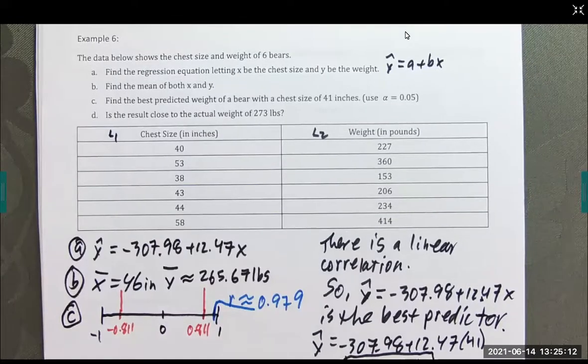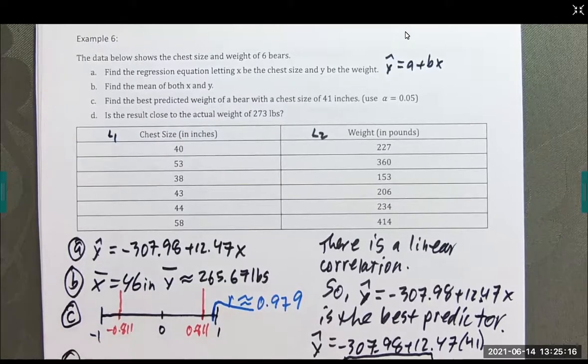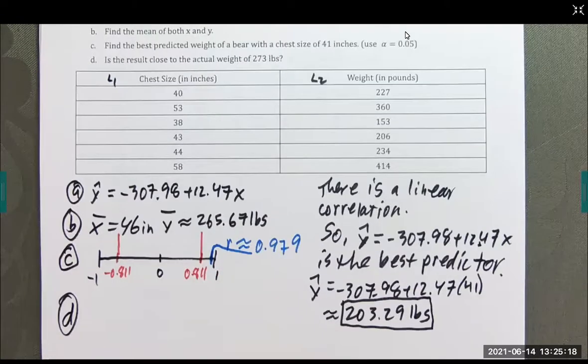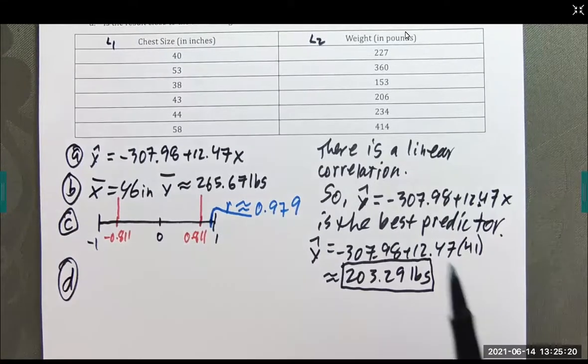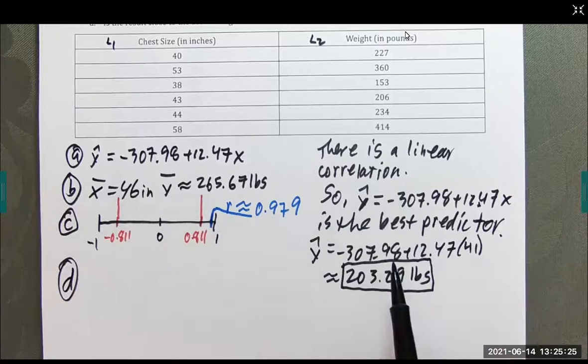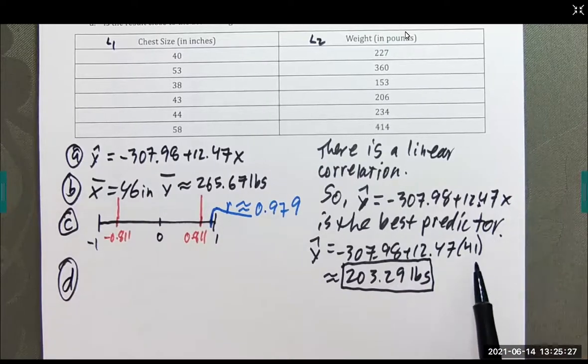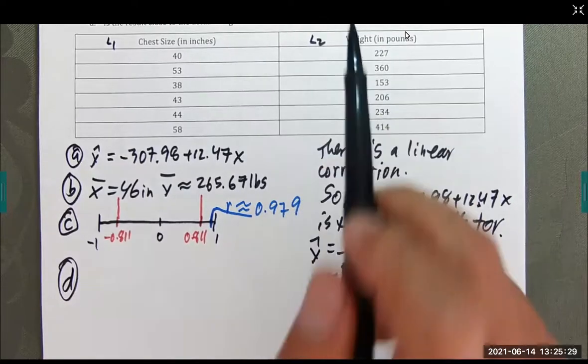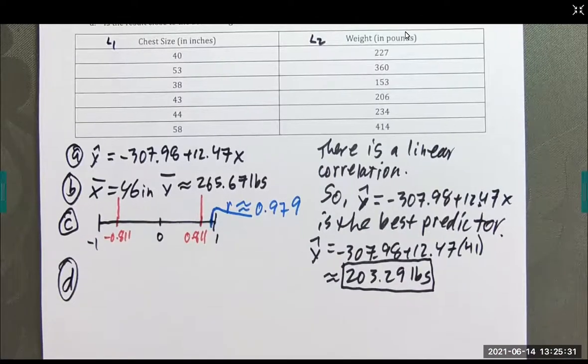All right, that's all part C. Part D. So once again, I used the linear regression line that I had here because there is a linear correlation. And I just replaced the x with the 41 they give us there to get 203.29 pounds.